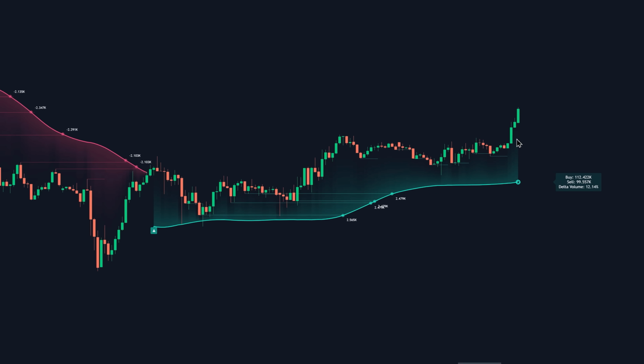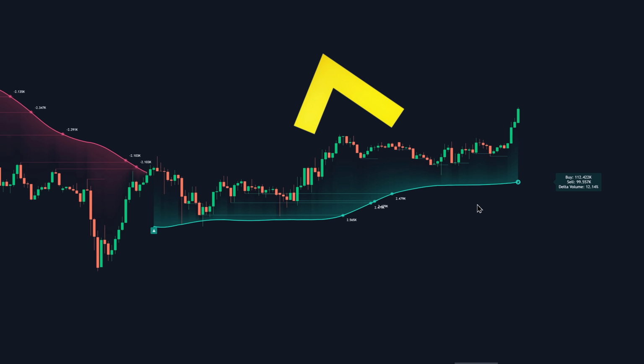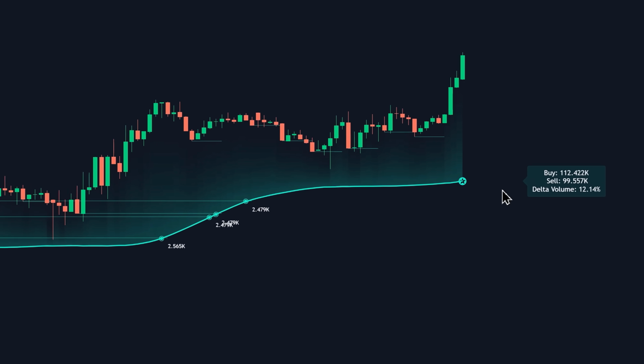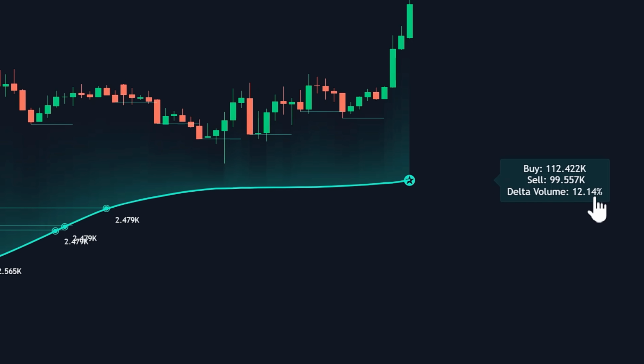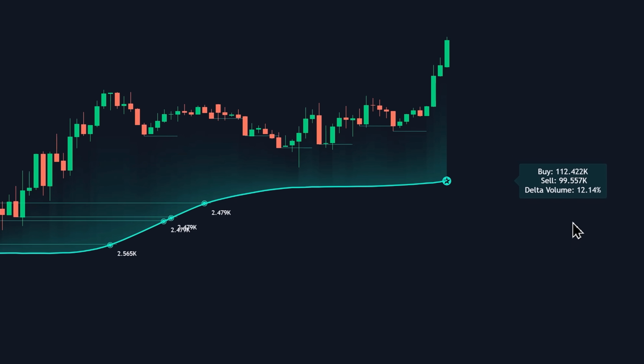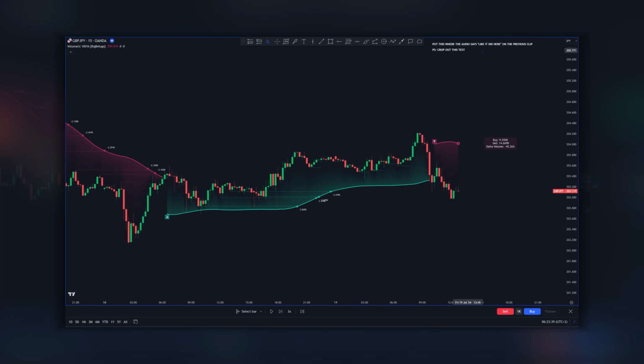Now here, we have what I would call a moderate trend. As you can see, the trend is still bullish because the candles are going higher and higher. Looking at the delta volume, you can see it's only 12.14%. This means the amount of buy volume and sell volume were almost equal. A trend like this will most likely result in trades taking longer to conclude, and overall, you're probably going to lose more than you win, because the market can shift to ranging at any moment, like it did here.